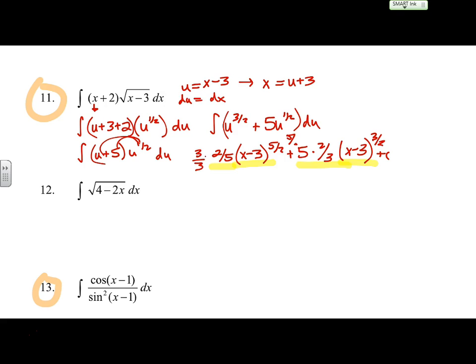Multiply by 5. What goes into 50? Just 2.